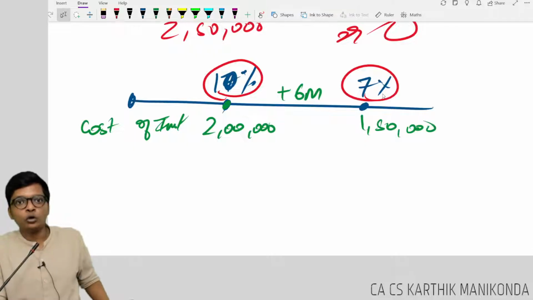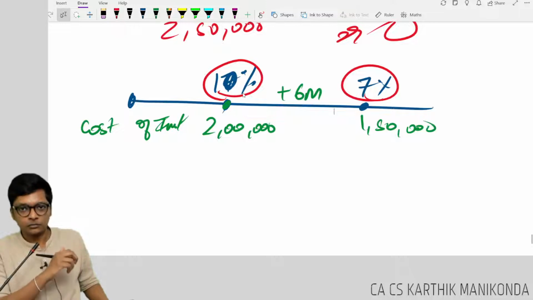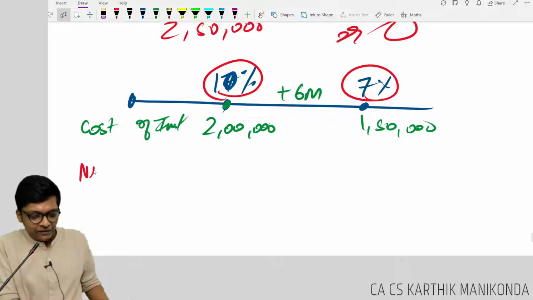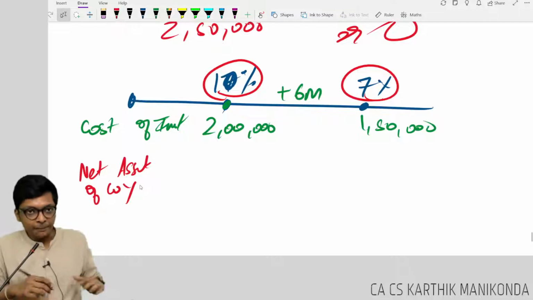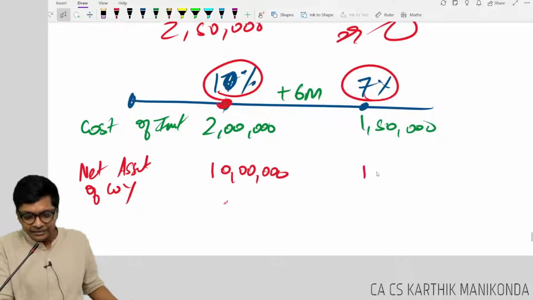Now, when you find goodwill or capital reserve, is it an associate here? Not yet. I will first take net assets of the company as a whole. Let's say 10 lakhs on this day, guys. And on this day, let's say it is 12 lakhs.